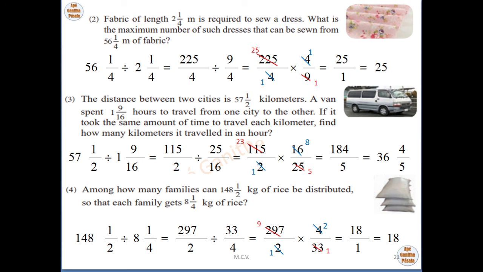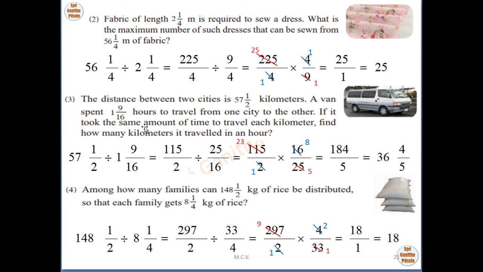Third problem. The distance between two cities is 57.5 kilometers. Therefore, within 1 hour, a van spends 1 and 9 over 16 hours to travel from one city to another.